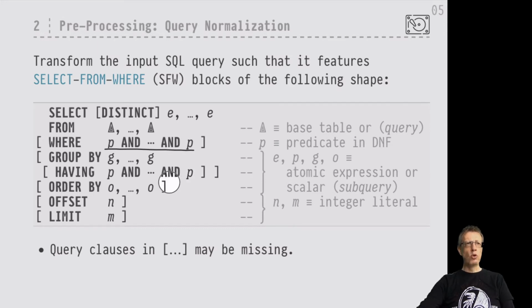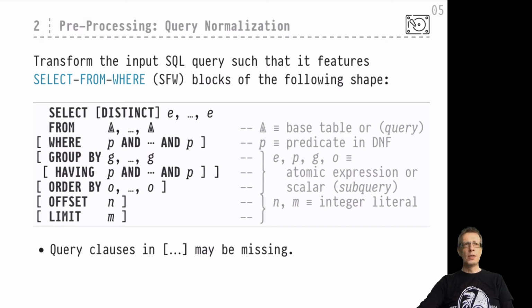And there could be trailing offset and limit clauses where the SQL syntax requires the user to specify literals, integer literals here, that specify offset and limit restrictions on the query. All of this would be prepared in a preparatory step before all other query optimization and analysis would happen.